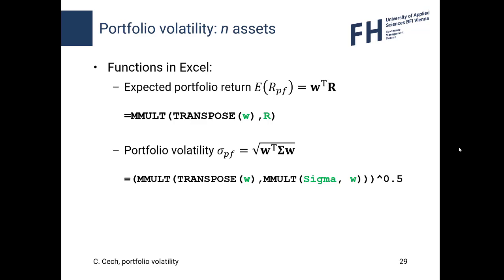As for portfolio volatility, things get even a bit more complicated because the mmult function in Excel can only multiply two matrices at a time. So let us consider this matrix formula here.